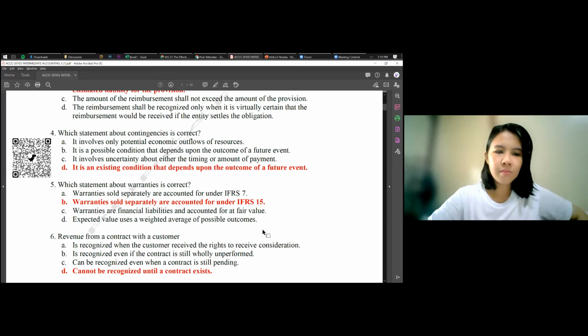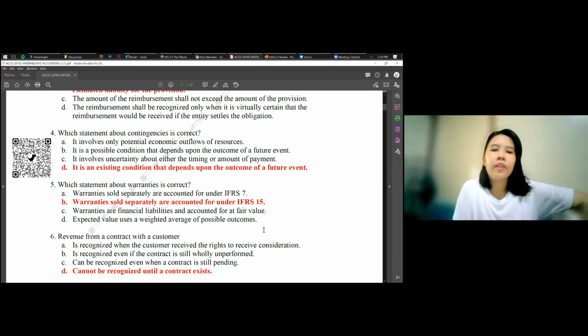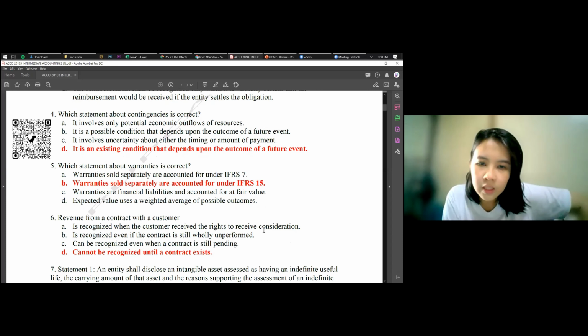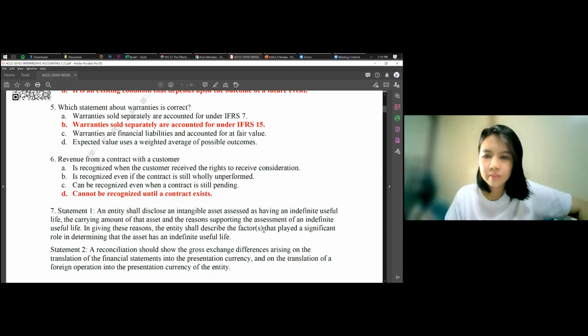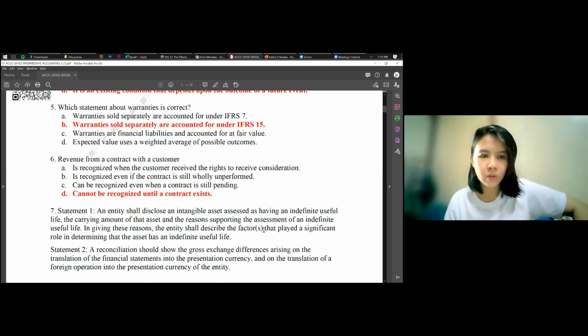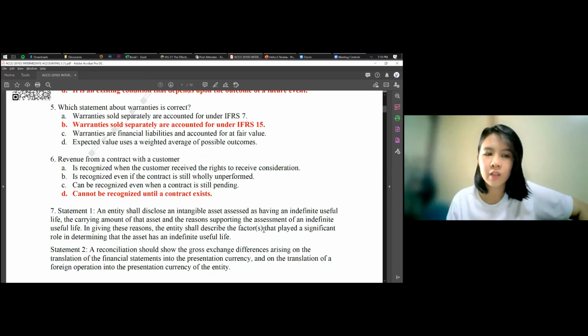Okay, number 7. Statement 1. An entity shall disclose an intangible asset assessed as having an indefinite useful life, the carrying amount of that asset, and the reasons supporting the assessment of an indefinite useful life. So, yan. Kailangan lang daw natin i-disclose yung carrying amount and yung support or yung rationale kung bakit natin siya treat as an asset having indefinite useful life.